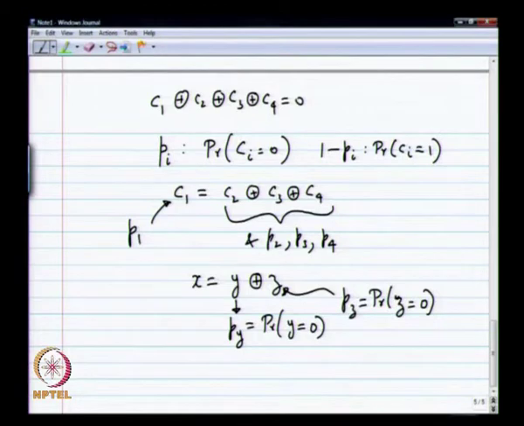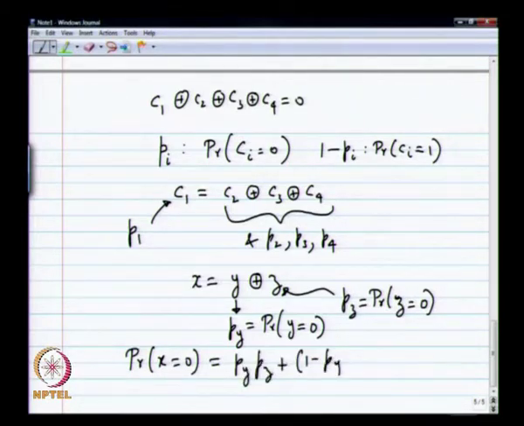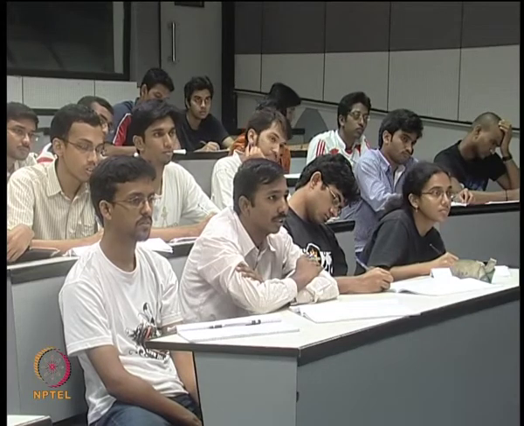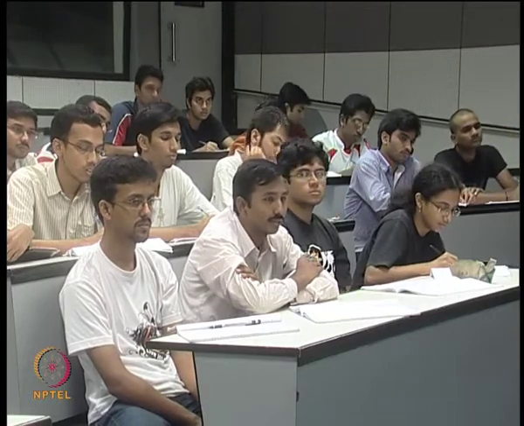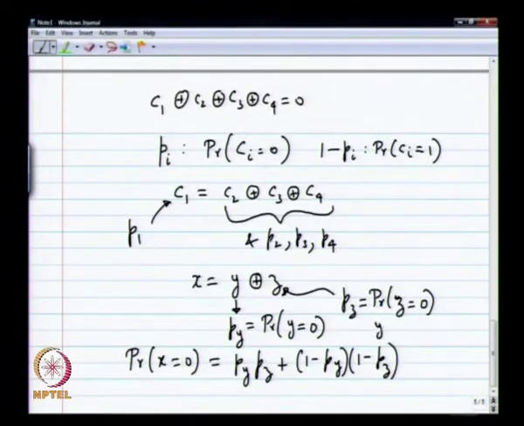So, if you now try to compute probability that x is equal to 0, okay. So, y and z both have to be either 0 or both have to be 1. So, you would get something like this, Py Pz plus 1 minus Py times 1 minus Pz. Yeah, assuming independent. So, let us say y and z are independent.